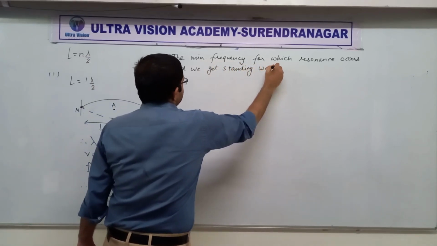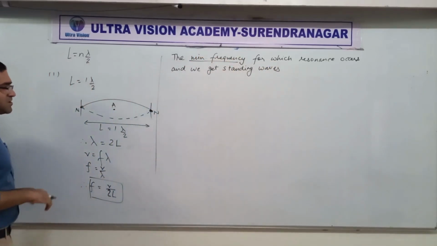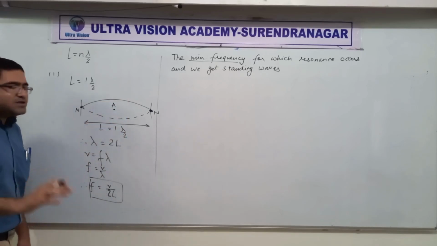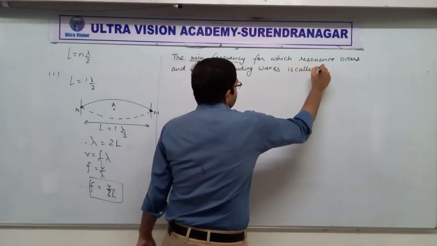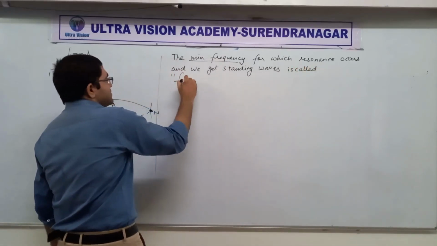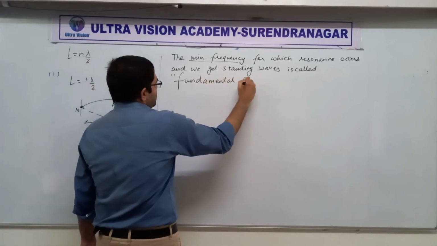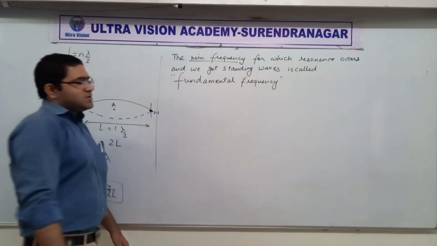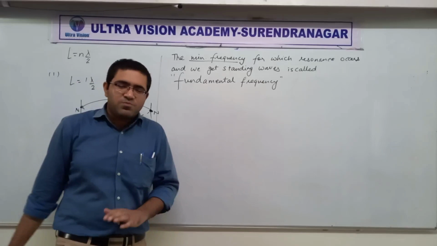The minimum frequency for which resonance will occur, that's this, and here we also get standing waves. This frequency is called the fundamental frequency. That is its name, fundamental frequency. Very, very important point.